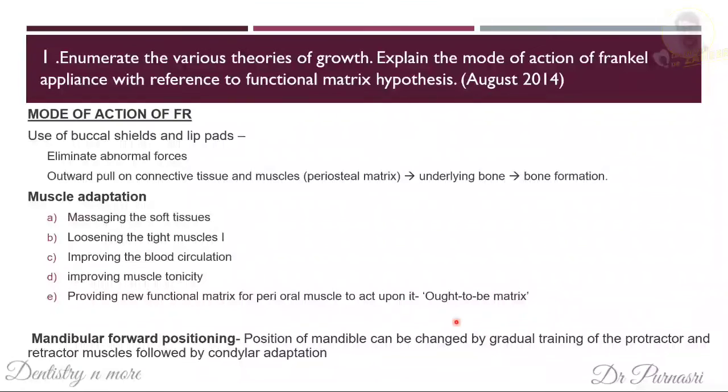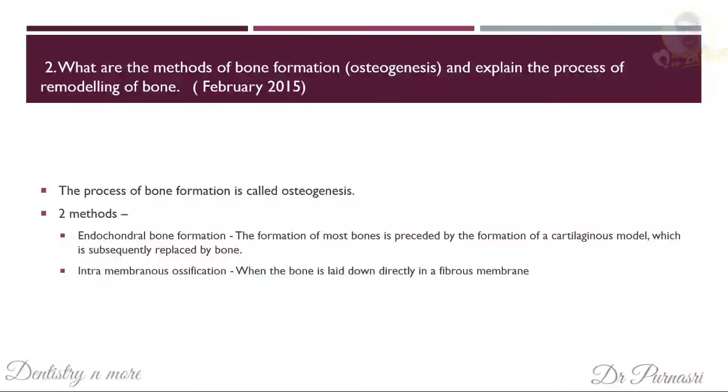So we call this the ought-to-be matrix. Ought-to-be matrix means where the muscles should be lying in an ideal position. Okay. Then there is mandibular forward positioning. The Frankel appliance positions the mandible by gradually training the protractor and the retractor muscles, followed by the condylar adaptation. That ends our first question.